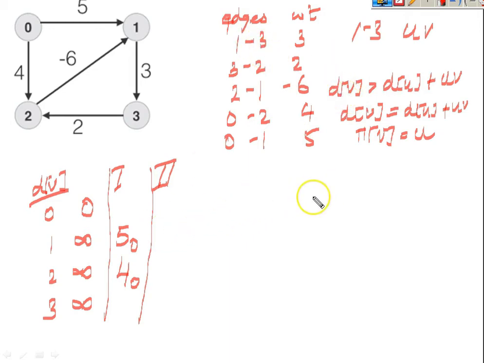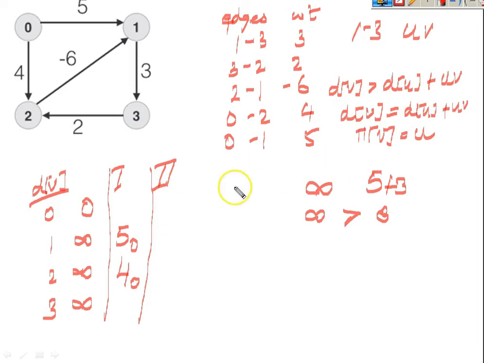The d value of 3 is infinite, and the d value of u, now u is 1 here, so the d value of u is 5, and the weight of uv is 3. So you can see here that this is infinite and this is 8, and this infinite is more than 8, then we are going to change the d value.